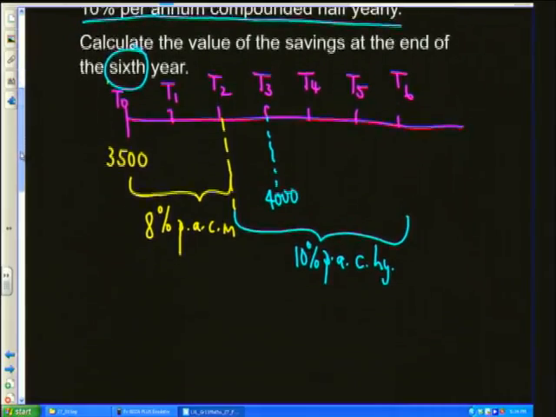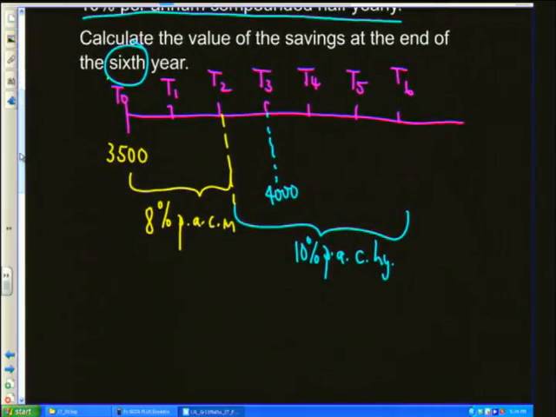Okay, so we've extracted all the maths, we've put in all the values that are useful for us. One deposit over that much, that deposit over that much, but the yellow period is monthly and the blue period is half yearly.